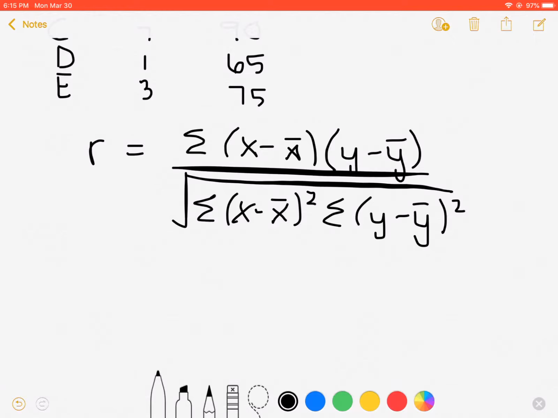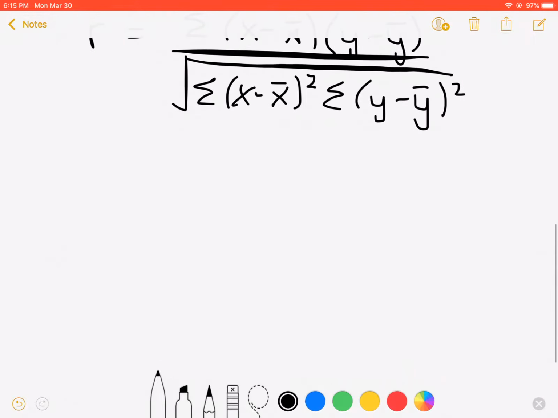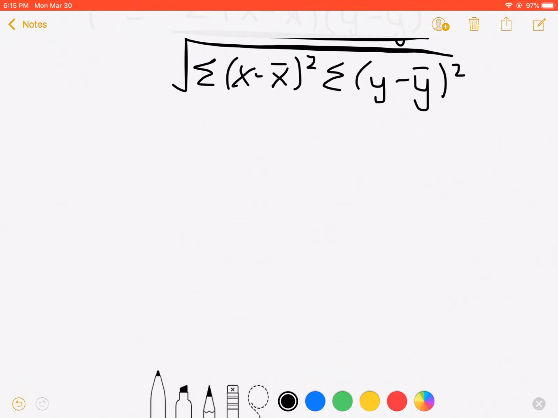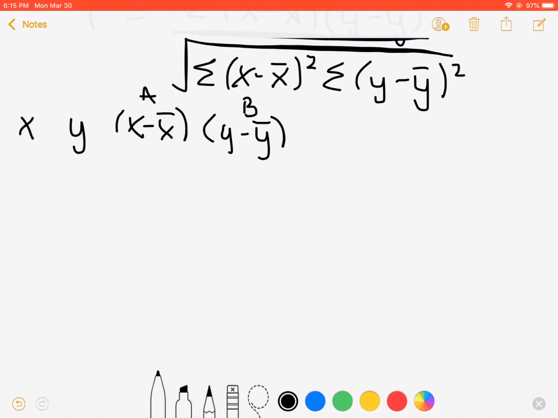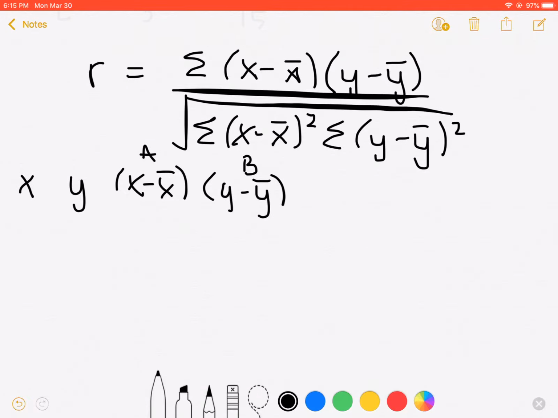So what I end up doing when I'm doing this is I do a table of values. So I have my X values, I have my Y values, I need the x minus x mean, and I'm just going to call that column A. And then I need the y minus y mean, and I'm going to call that B, because eventually for the top part of the equation, if you guys recall, we need to multiply them together.